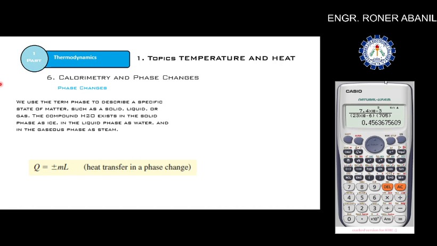So, the effect of adding heat to the system is not to raise its temperature but to change its phase from solid to liquid. So, to change 1 kilogram of ice at 0 degrees Celsius to 1 kilogram of liquid water at 0 degrees and a normal atmospheric pressure, it requires 3.34 times 10 raised to 5 joules of heat. No?